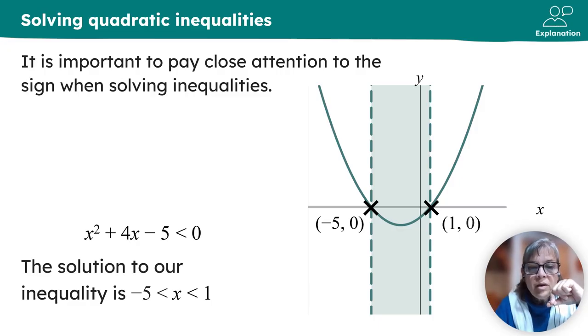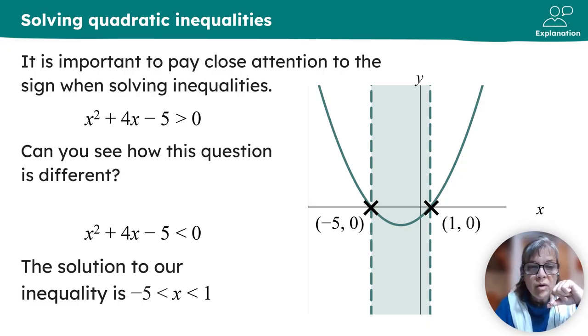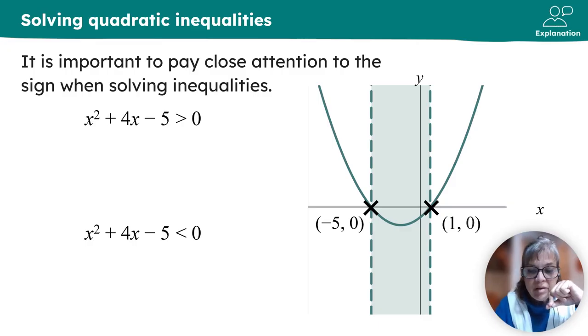If you notice, be careful to notice which way the inequality sign is going, of course, because that makes a difference as to whether I'm looking for that part below the line or if I'm looking for the two branches. If I had said instead I want greater than 0, I would be looking for the part that's on the outward.